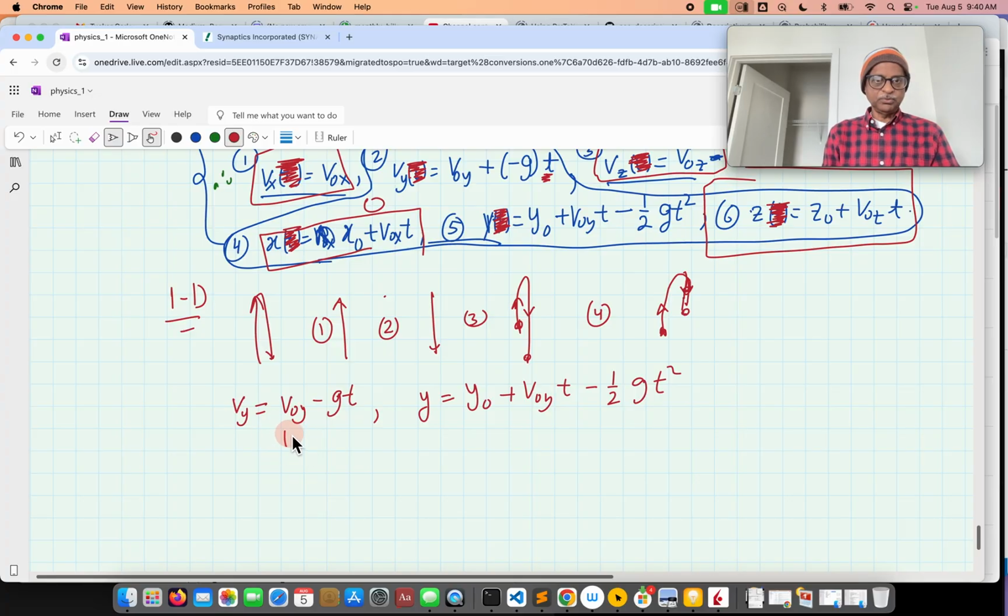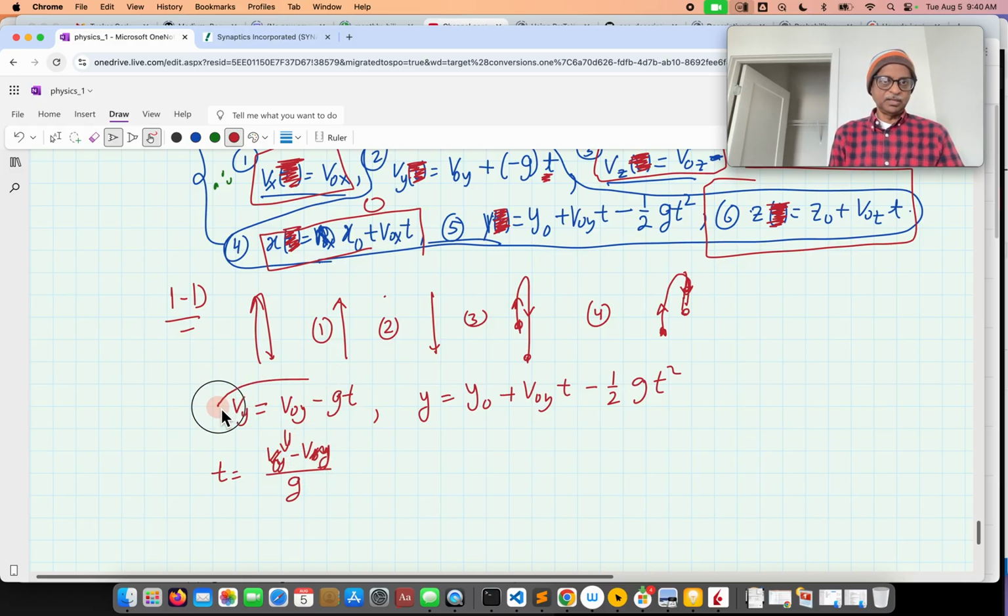So you can solve this for t. So t will be, bring this on this side and bring this on that side, Vy minus V0y over, V0y minus Vy. So this Vy. And if you do this in here, you get y, let's call y minus y0 together.